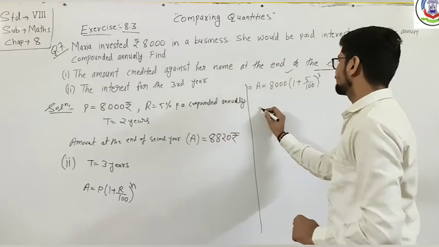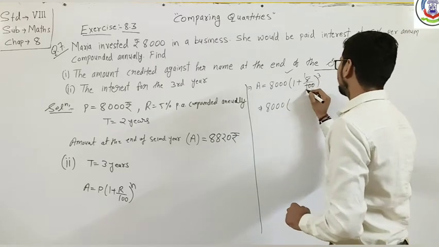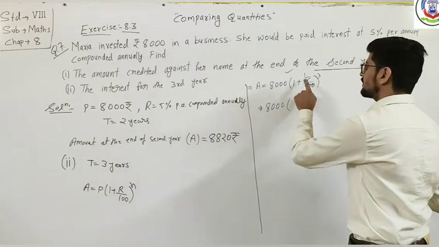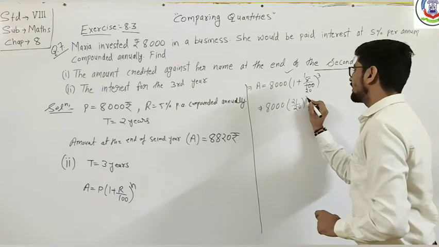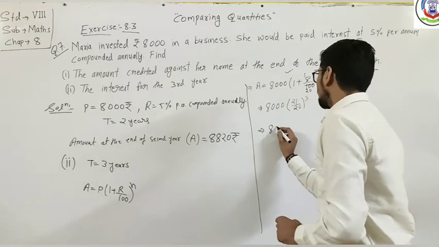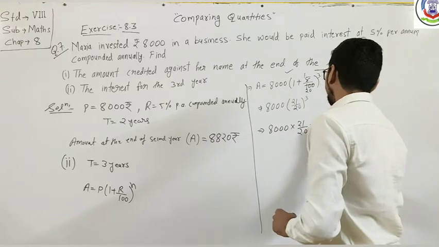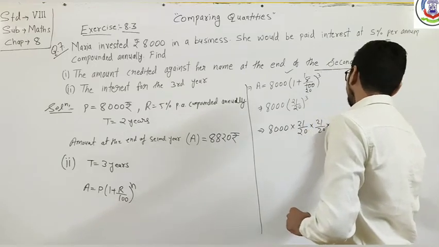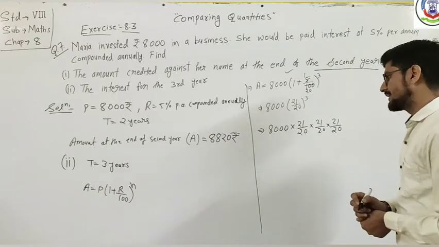Clear? So 8,000, 5 ones are 5, 5 twenties are 1 + 1/20, that is 21/20 raised to the power 3. So this is 8,000 multiplied by 21/20, 21/20 and 21/20, 3 times.